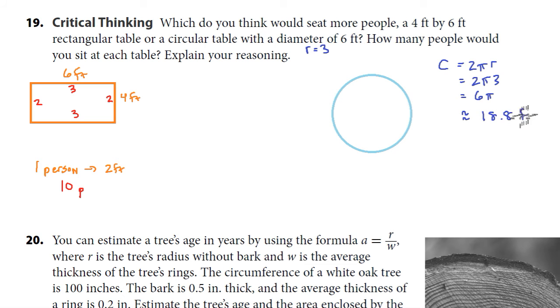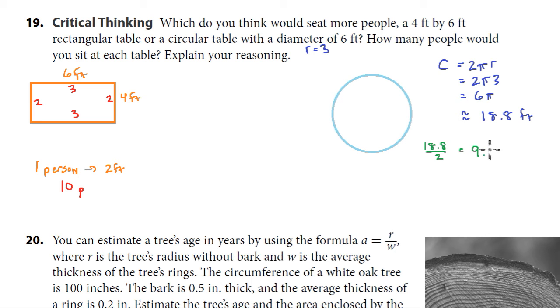So we've got approximately 18.8 feet. If I divide 18.8 by 2 feet per person, that's going to be 9.4 people.